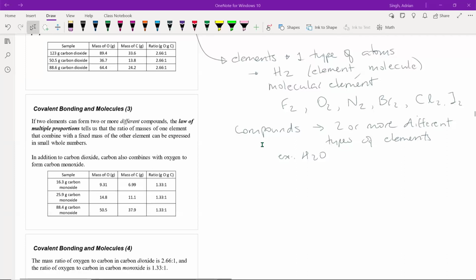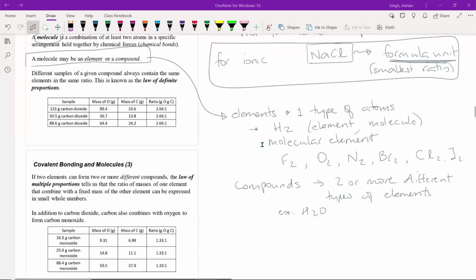So when we have our covalent compounds or covalent molecules, what has been observed is that when we have different samples of a particular compound, whether we have a kilogram or a gram of it, what we've found experimentally is that those different samples contain the same elements in the same ratio, the same mass ratio, for example.